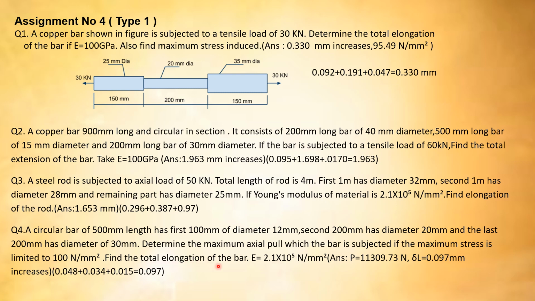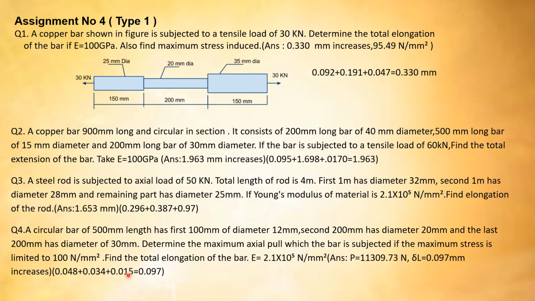Find the total elongation of the bar. Take E is equal to 2.1 into 10 raised to 5 Newton per mm square. Here the answer is P is equal to 11.3 kilonewton. It is given in Newton. Delta L is equal to 0.097 mm increases. This is delta L1, delta L2 and delta L3.